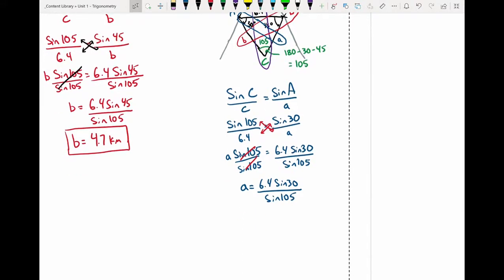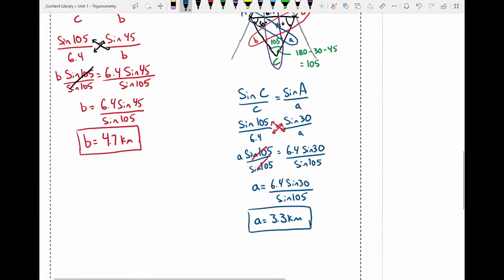Again, this just becomes a calculation on your calculator. Do this, hopefully get 3.3 kilometers, which is the length of side A, or the second shaft.